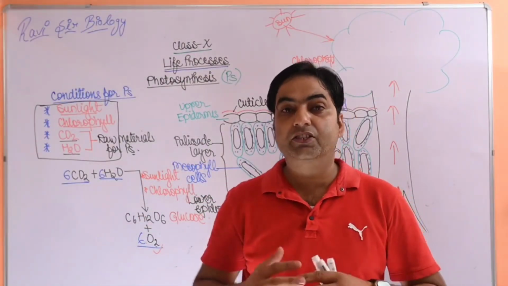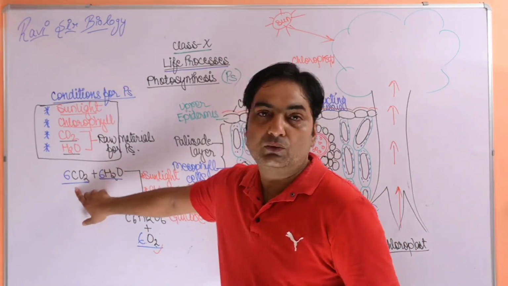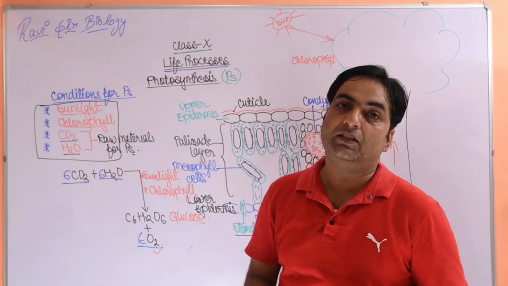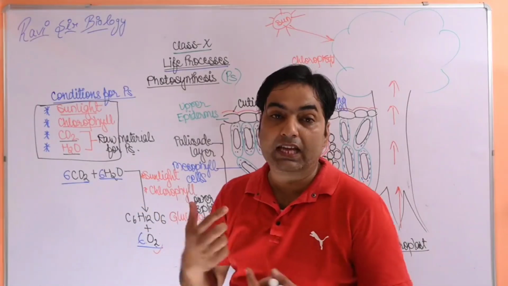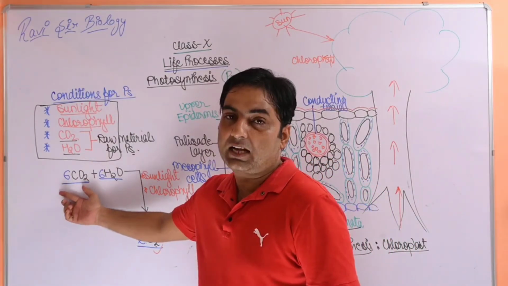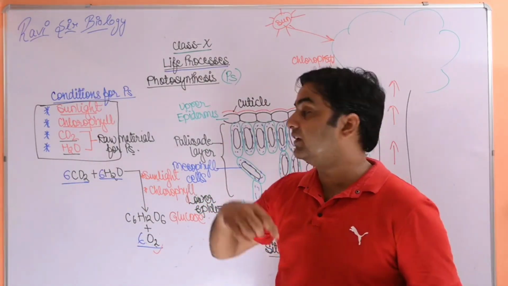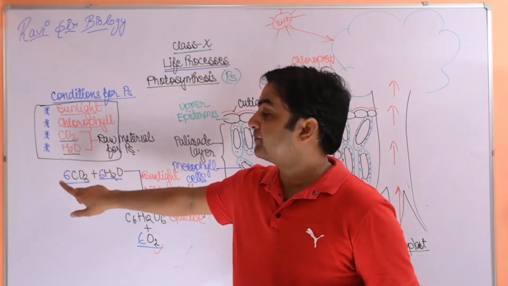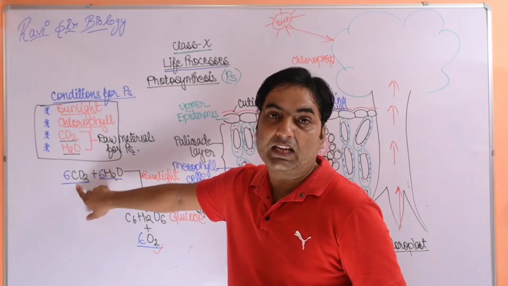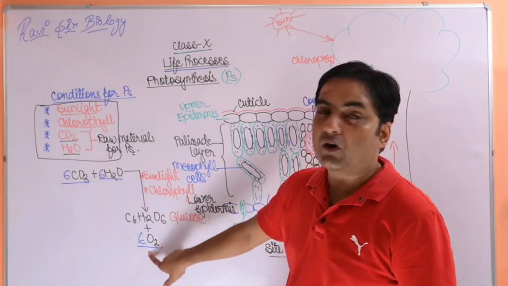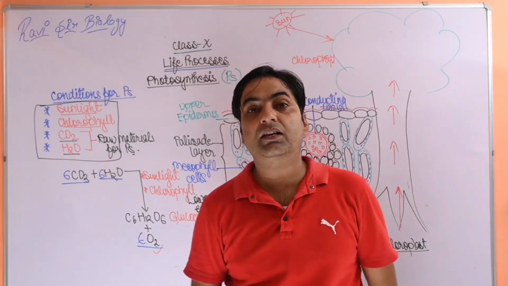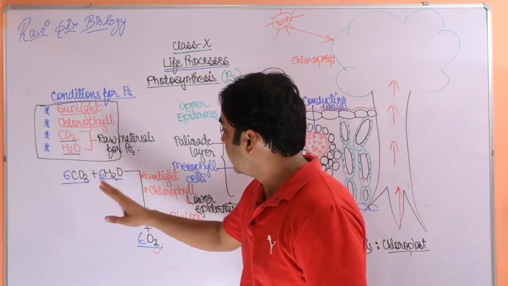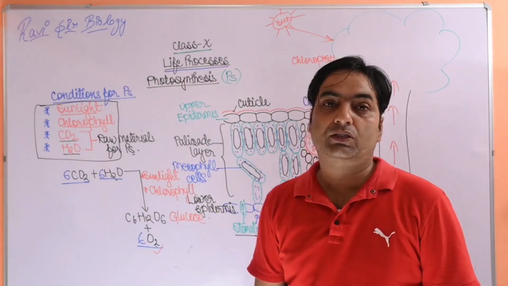The animals in return will give CO2 after exhalation. Breathing out is called exhalation, and exhalation gives carbon dioxide. So animals are giving carbon dioxide to the environment, and plants consume this carbon dioxide and produce oxygen, which will be consumed by the animals. So this is all about the photosynthesis reaction.